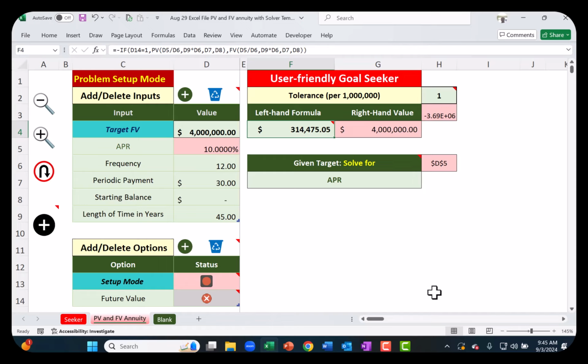Maybe if you were a little bit more conservative, you thought you could earn only eight. 8 versus 10 matters a lot. Okay, but still, it's a sizable amount of money. Let's go back to 10. I mean, think about the little things you can save by simply being careful.